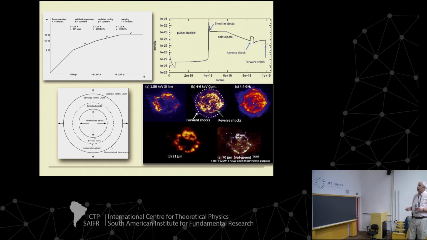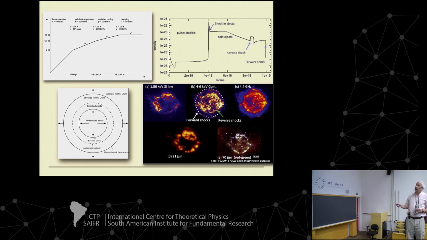Okay, so here you can see a summary of the time evolution of a supernova remnant. Here we have the size of the remnant versus the age of the remnant. So this is the free expansion phase, this is the adiabatic phase, this is the radiative phase, and this is the final dissipation phase.